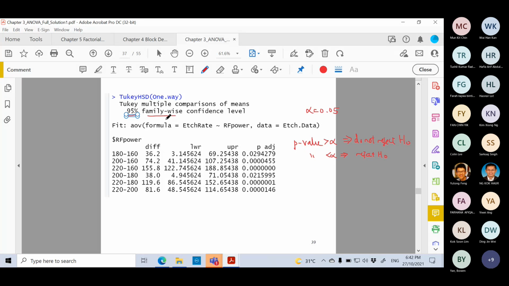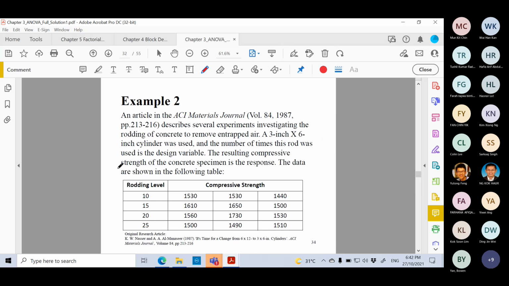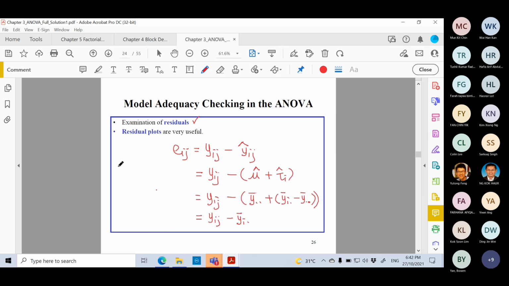Okay. If you compare using the ordinary formula you have learned, that one is only for the first alpha, the second test is another alpha, the third one is another alpha, and so on. So this is the same as I mentioned to you in this slide.